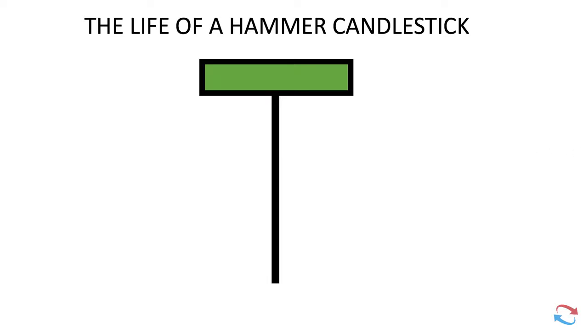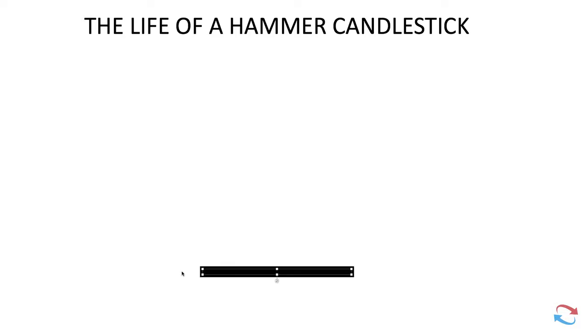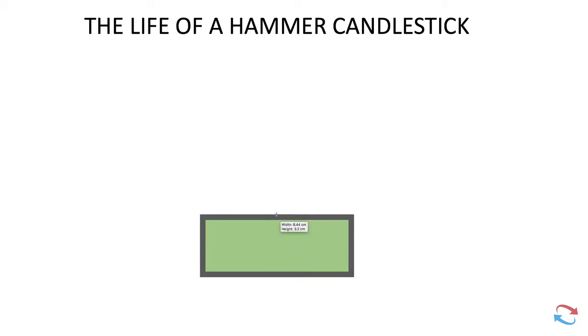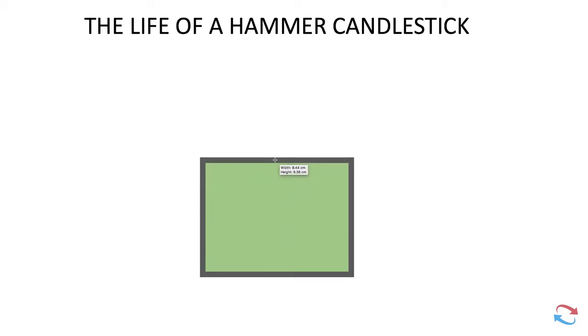The inverted is pretty much the same, but I'll attempt to animate the inverted hammer candle now. Again, with the inverted hammer candle, you have price starting here, the open price, and then you will have buyers drive the market higher and higher and higher. There's a lot of demand coming in.